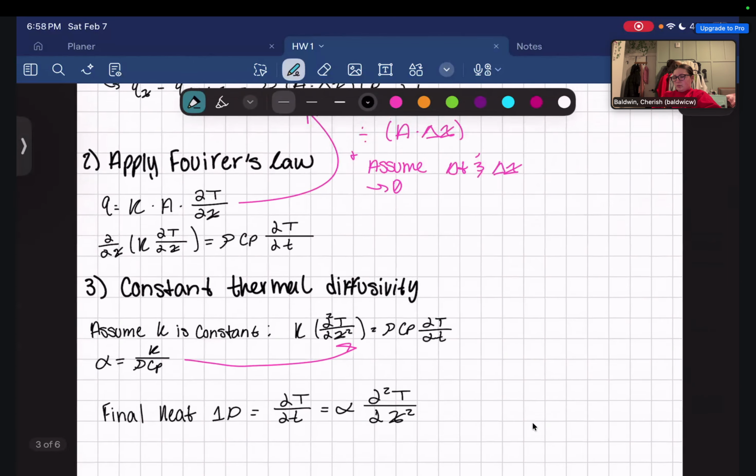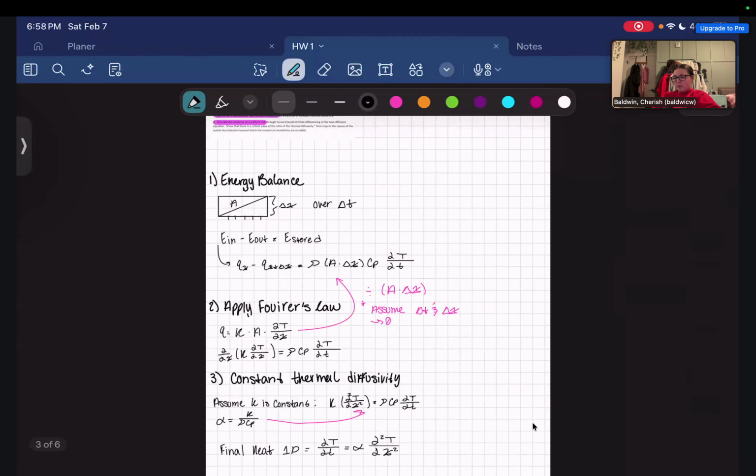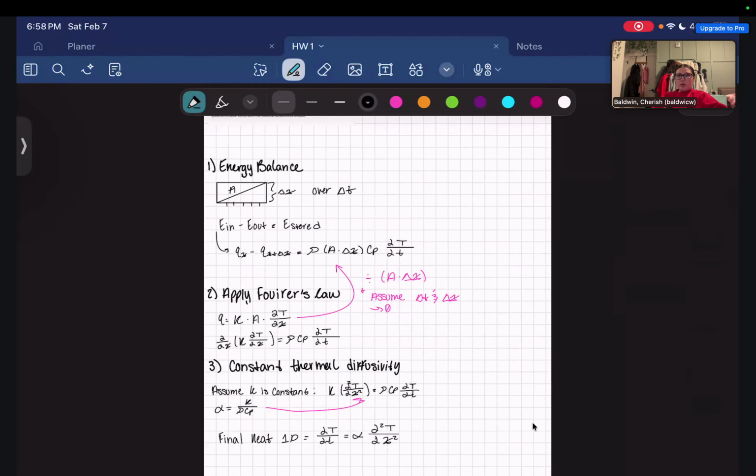There we go. So now I'm going to go into Excel and model this equation.